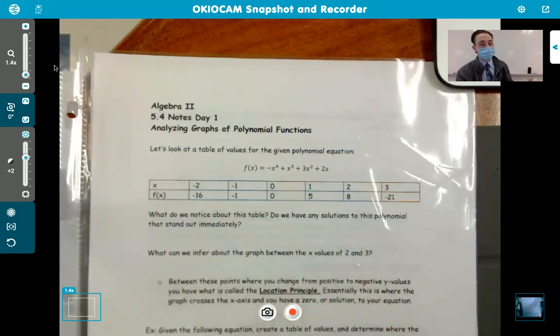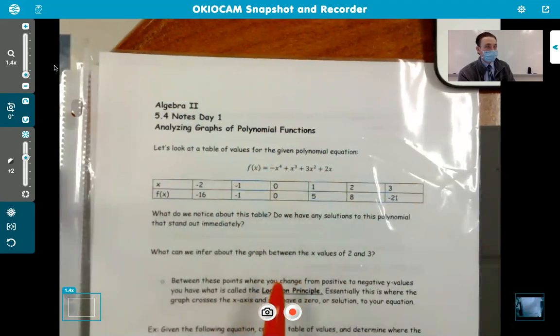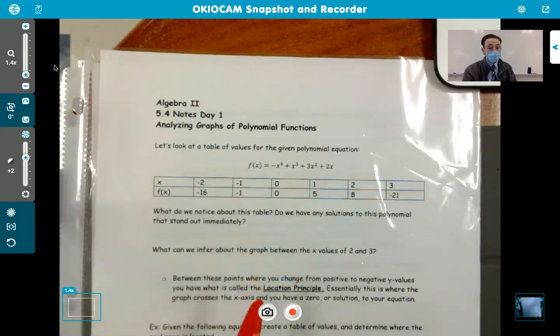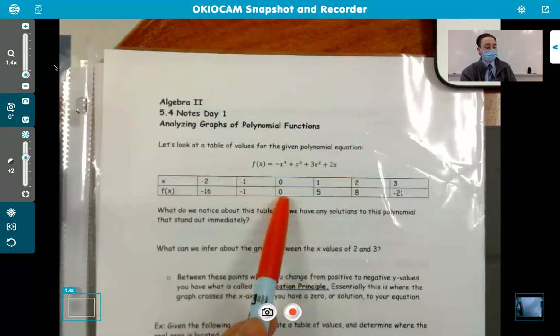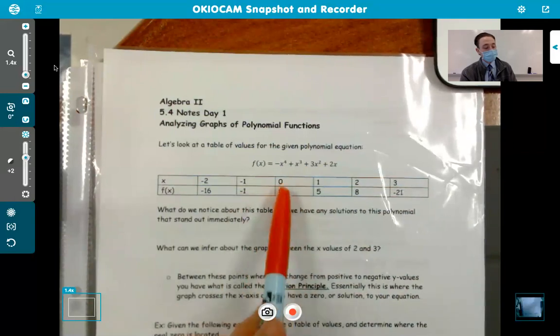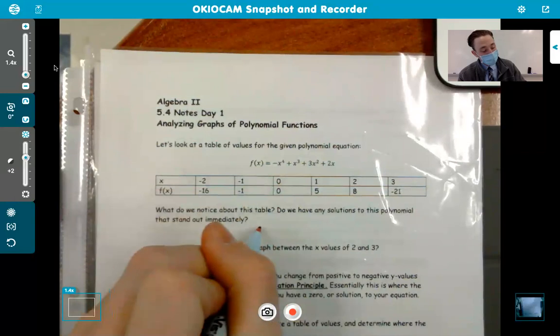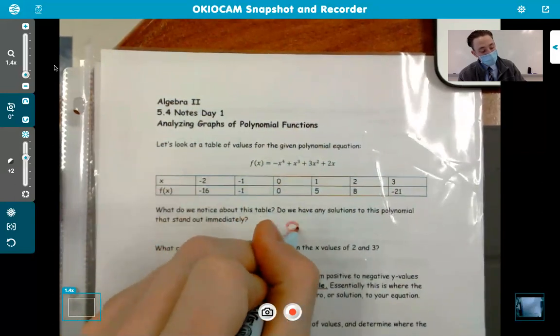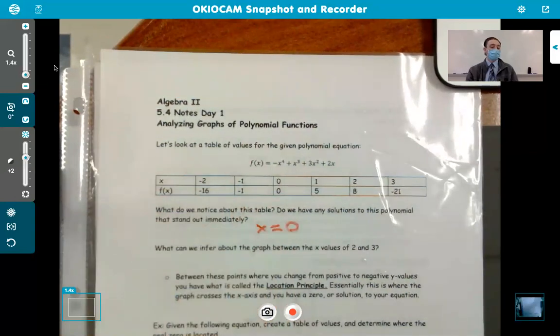So if you were to look, remember solutions, their f of x or their y values are 0, right? It's because it's along that x-axis. It's either touching it or crossing it. So we're thinking right now, maybe it's one solution because at x equals 0, I have a 0, right? So that should stand out to us. Something that we should be able to see right off the bat. At x equals 0, I have at least one solution, okay?